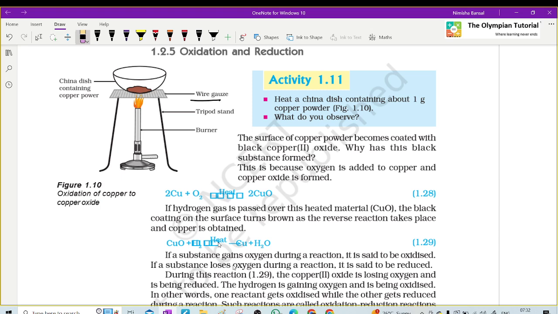Done, ma'am. Next is reduction. Reduction is just the opposite of oxidation. Reduction is the loss of oxygen or gain of hydrogen. Done, ma'am. Below that, write down the example.